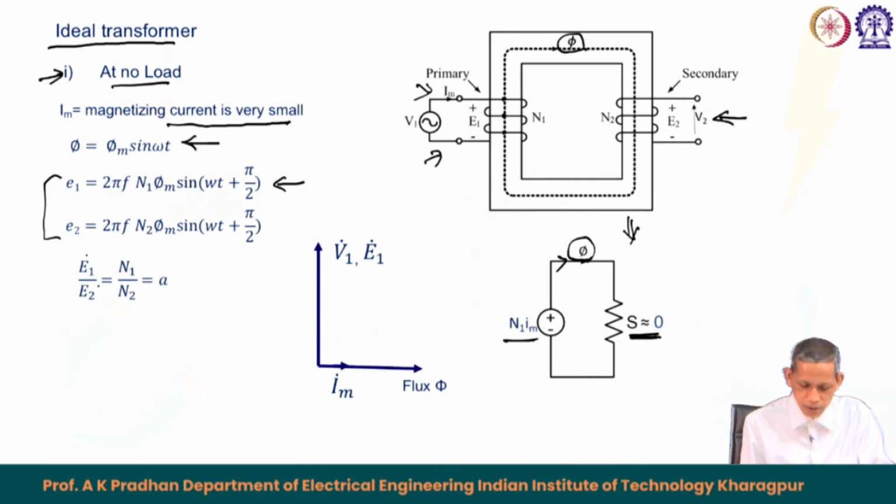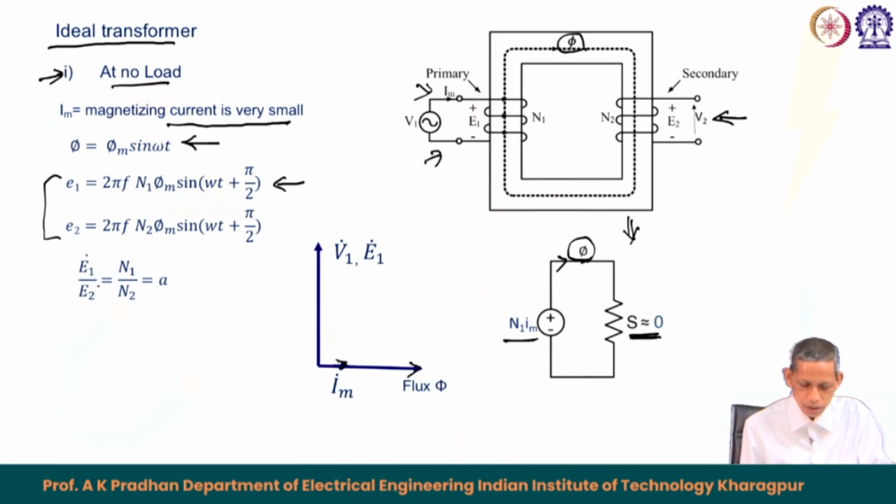From the phasor diagram perspective, if this is the sinusoidal phasor phi, then the corresponding current which establishes the flux phi is I m, the magnetizing current, very small as compared to the rated current of the transformer.